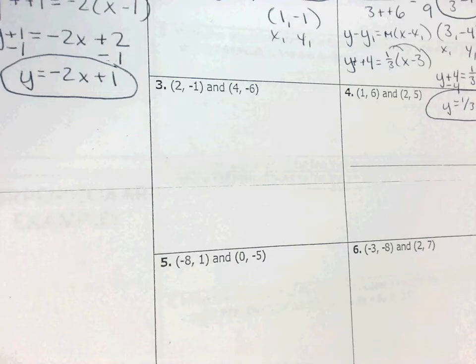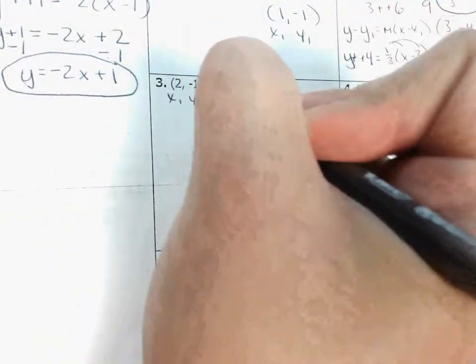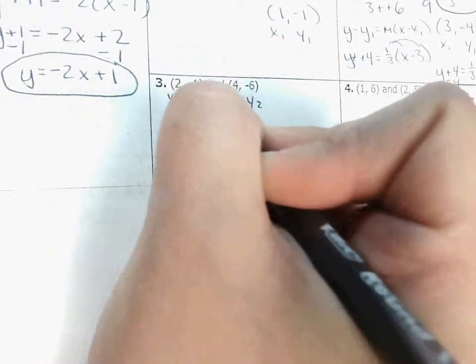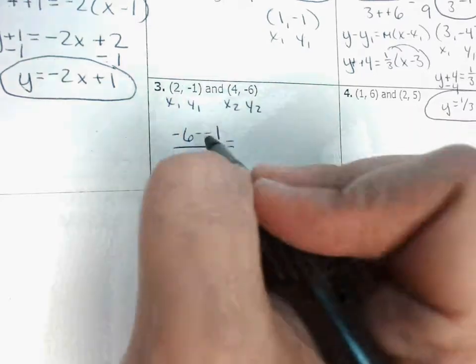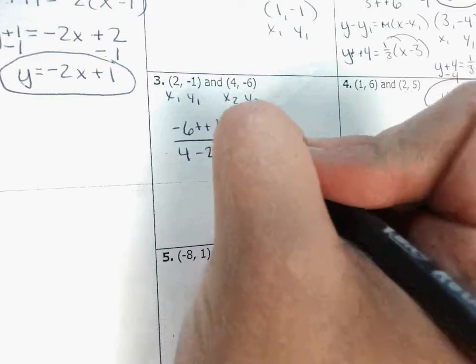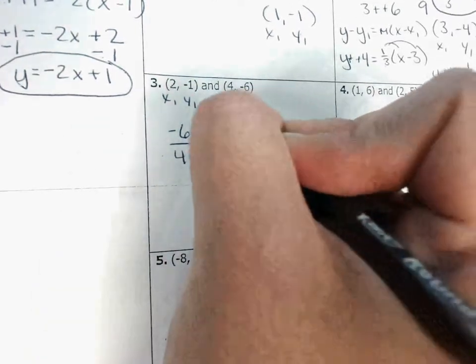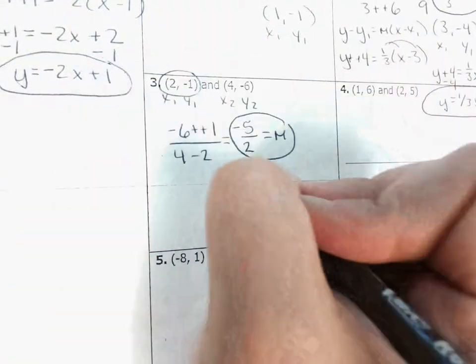Number 3, we got x1, y1, x2, y2, y2 minus y1 over x2 minus x1. Minus the negative gives me a positive. Be negative 5 over 4 minus 2 is 2. That's my slope. You pick your points. I'm going to pick this one because it looks better to me.